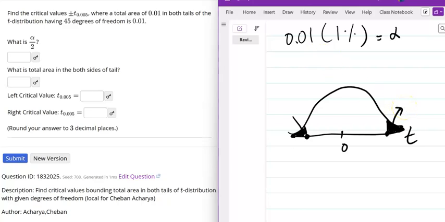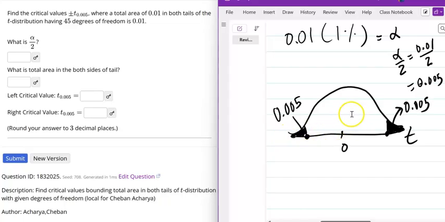Okay, this is called alpha. So if you want to think about only this part of the area, this is going to be alpha over 2. So half of alpha is 0.01 divided by 2. This gives you 0.005. So this area is 0.005, and this area is also 0.005.